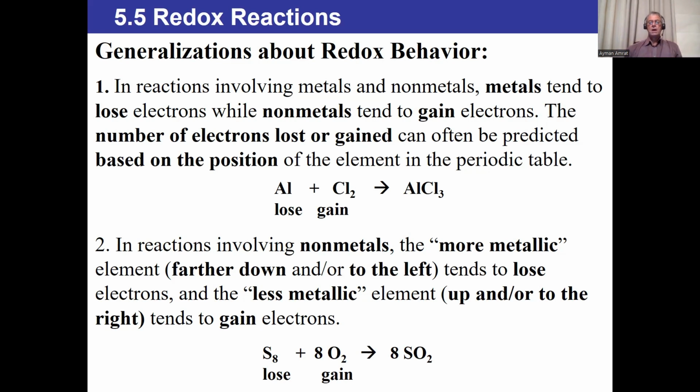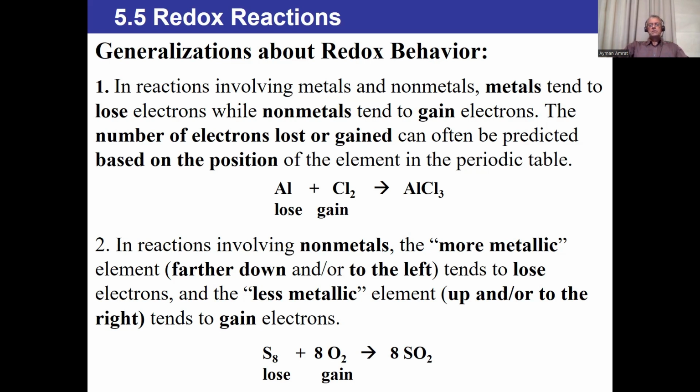For example, S and O are elements of group 6A; sulfur is below oxygen, so sulfur is more metallic than oxygen and tends to lose. If carbon reacts with oxygen, they are in the same period, and carbon is to the left of oxygen, so carbon tends to lose electrons while oxygen tends to gain electrons.